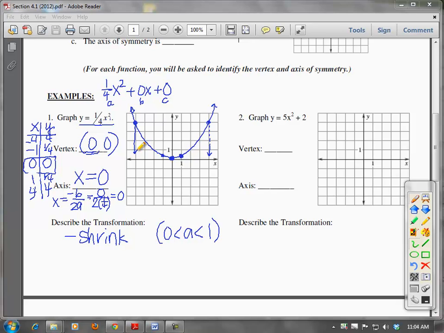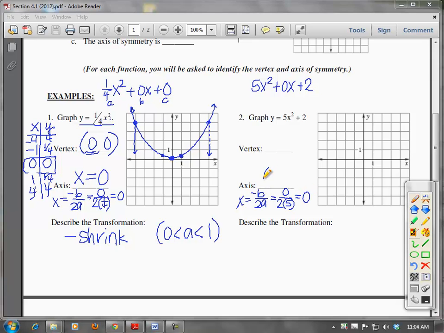We're going to try one more and look at the same type of thing. If I don't know where I'm going to start, I'm going to go 5x squared plus 0x plus 2. I'm going to start with my axis of symmetry, so the opposite of b over 2a. Well, b is 0, so I have 0 over 2 times 5. 0 divided by anything is just 0.